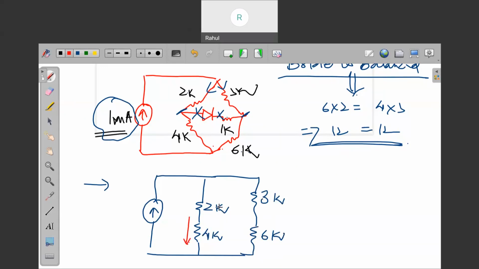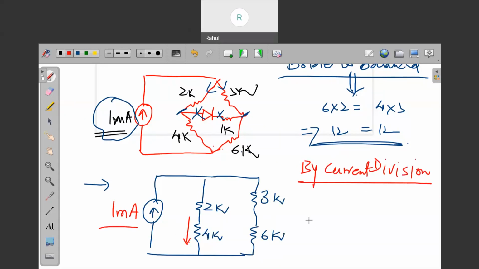By current division rule, suppose this is I1, you have to find I1. I1 equals total current, that is 1 milliampere, into opposite sum of opposite resistance, that is 9, upon total resistance.